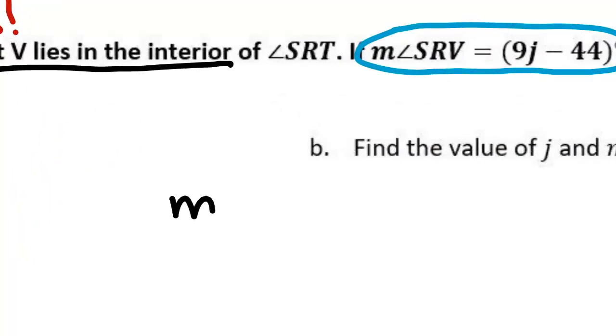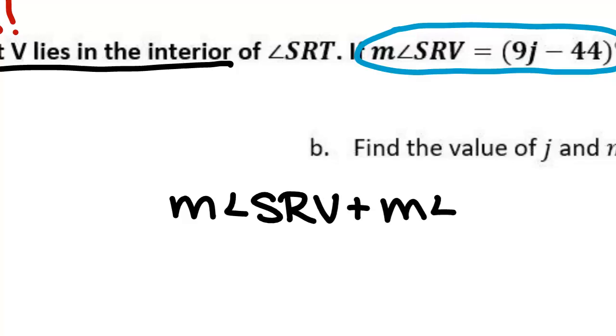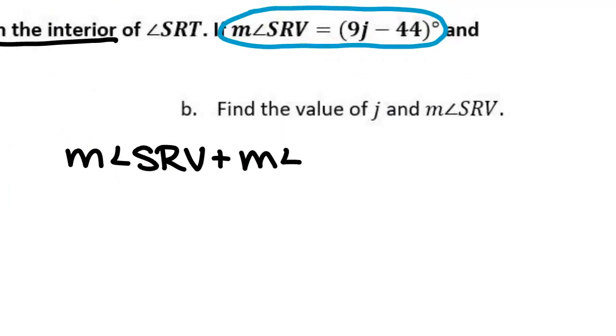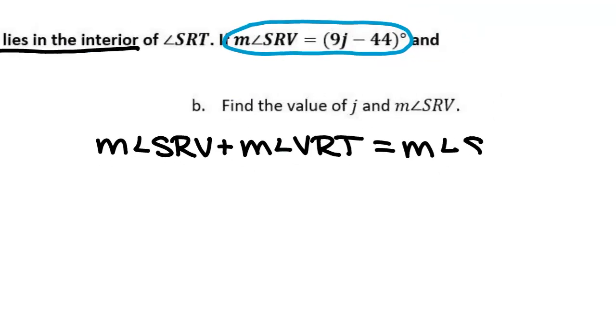Well, I know that the measurement of angle SRV plus the measurement of angle VRT is equal to the measurement of angle SRT. SRT is the big angle. The two smaller angles make the big angle.